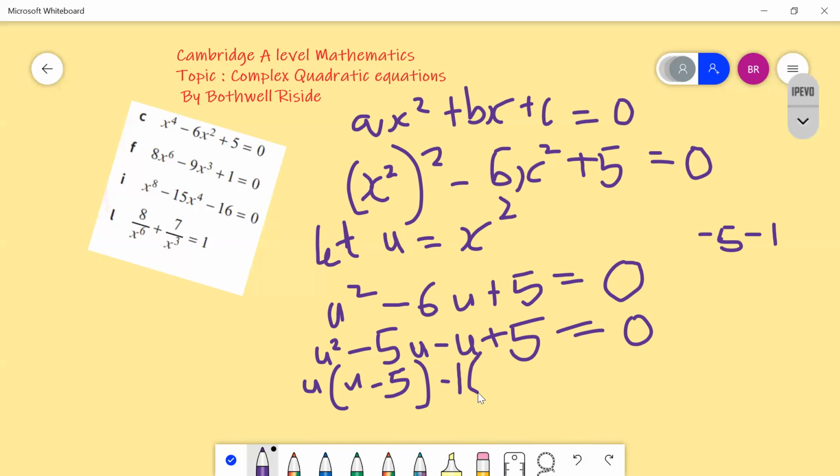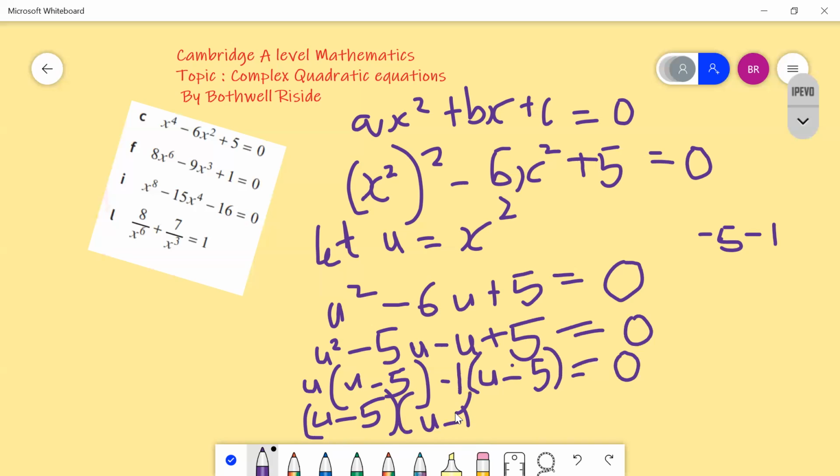I factor out minus 1. Then minus 1 times u is minus u, and in order for me to get a plus 5, I should have a minus 5 here. You're going to see that now u minus 5 is the common factor. So u minus 5 is being multiplied by u minus 1.